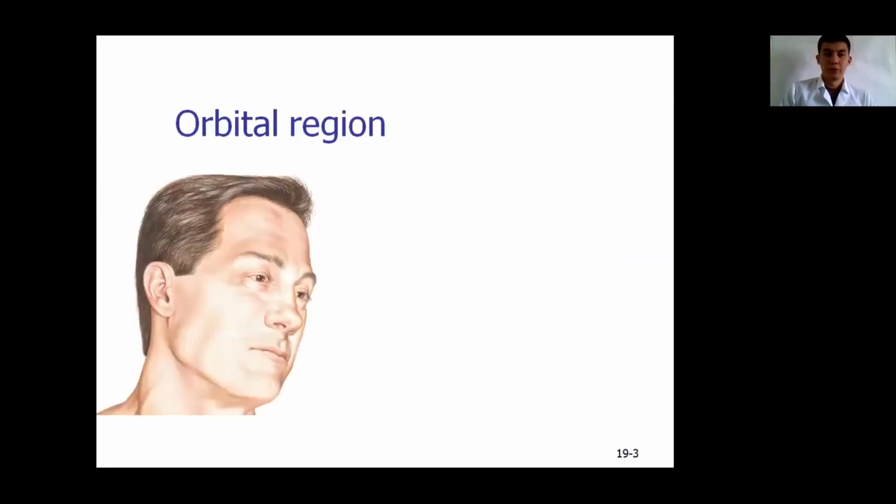Orbital region. According to the principles of regional anatomy or topographic anatomy, the orbital region is a region of the face. Face is a region of the head. So the orbital region is the region of the face that is placed around the eyes.